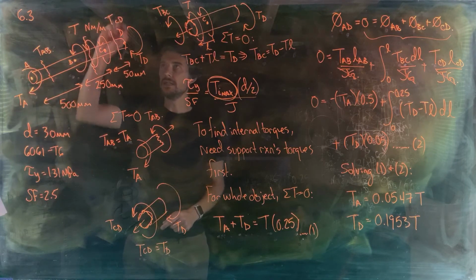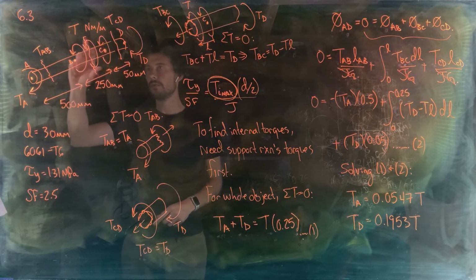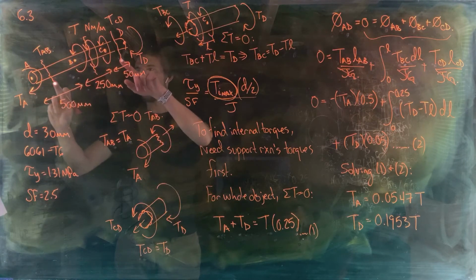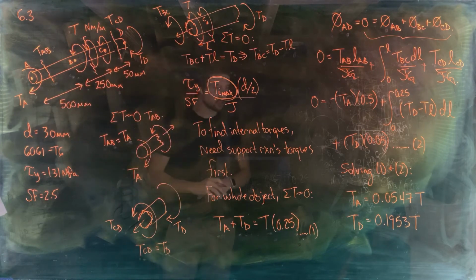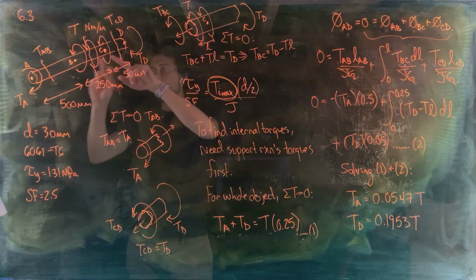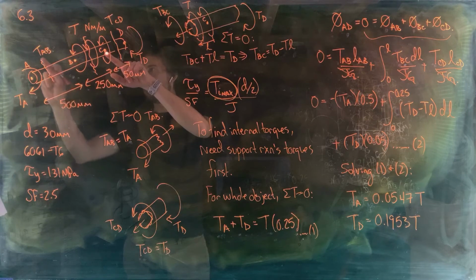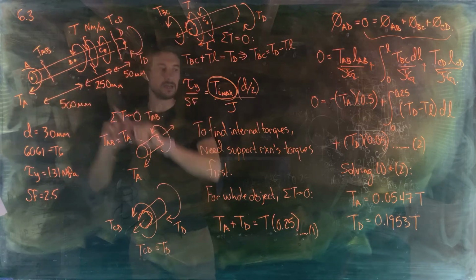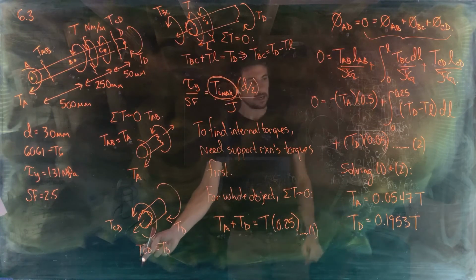Here is where TCD is there. Moving our section cut from TCD over to TAB, we're going through this distributed torque. So as we move that section cut, we change between those two values in terms of the internal torque. So anything in between B and C has to be an internal torque that is an intermediate value between the value of TAB and TCD. So therefore, we know that TCD is our maximum internal torque.